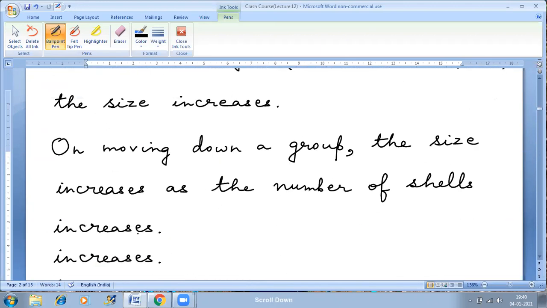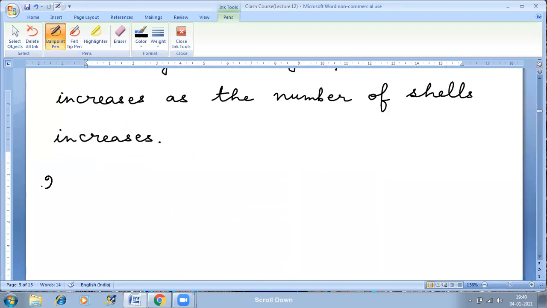Next, after size, let's go to the metallic character.